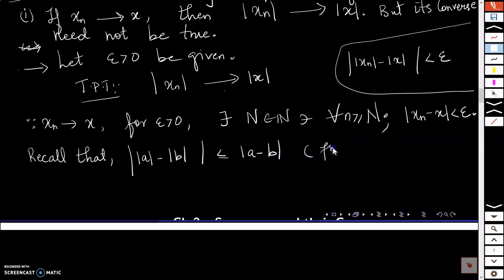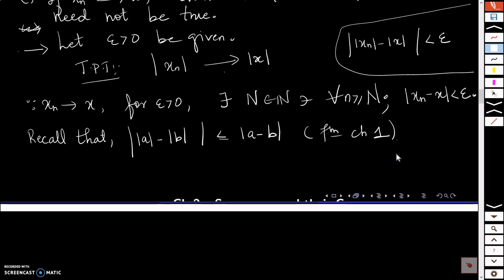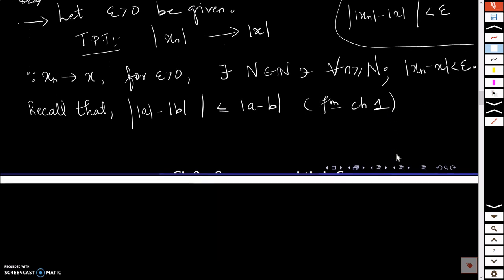I can use this property here, where a will be xn and b will be x.